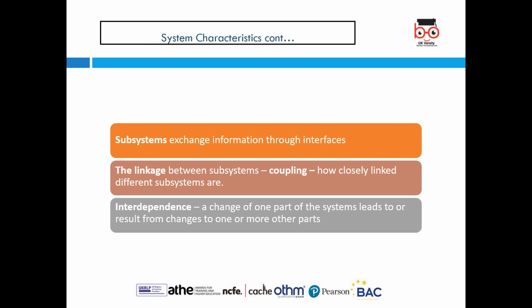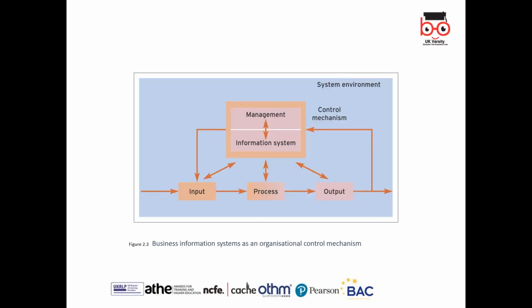Other components could be subsystem interchange of information, or also the linkage between subsystem and coupling. And also we're going to look into independence, so how the system can work standalone, how change can happen, and what could be the results of implementing these changes.